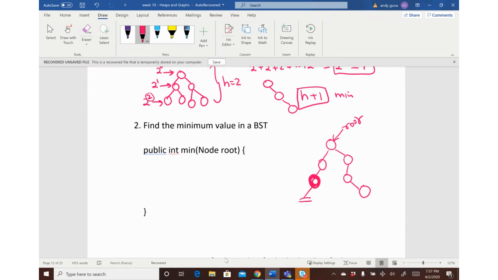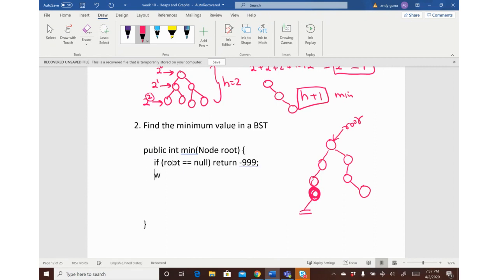All right. So the best way to write this code is to make sure that if the root is null, that means you don't have a tree. Return some value that means it doesn't exist, because there's no minimum.